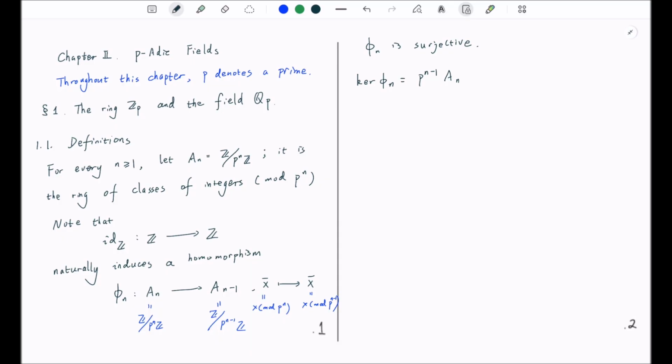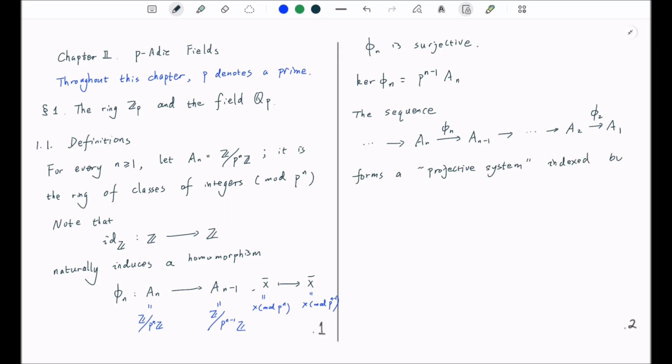Now we see that the sequence forms a projective system indexed by the positive integers. And the ring Z_p of p-adic integers will be the projective limit of the system defined above.